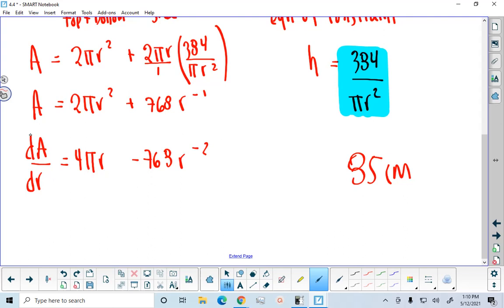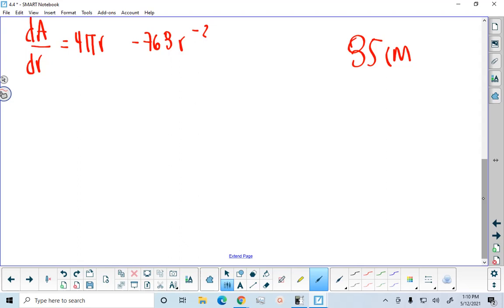I'm assuming that 4 divides into 768, so I can factor a 4 out. And I factor out r to the lowest exponent. What's that going to give me out of the first term?